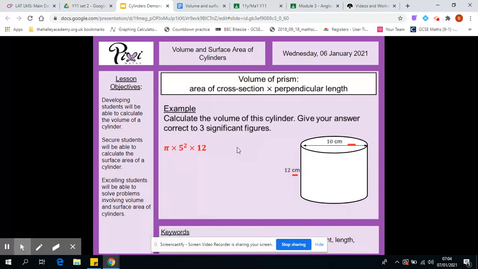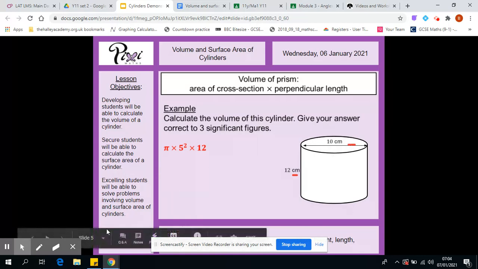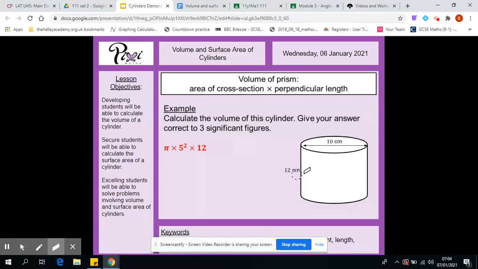Let's look at another example. In this case, the cylinder has a diameter of 10 centimeters and the height of the cylinder is 12 centimeters. Again, we first find the area of the circle or the cross section, and the area of the circle is pi times radius squared.